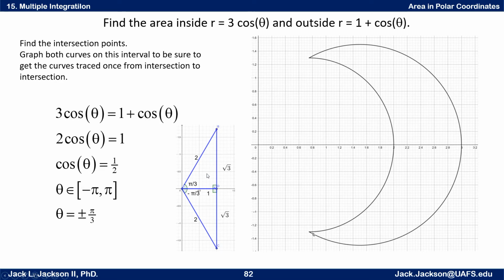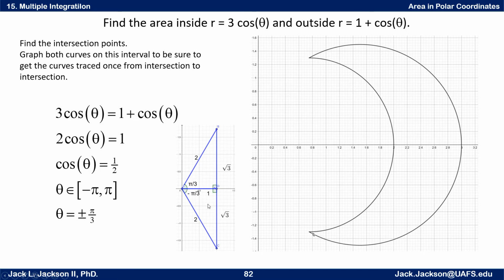And notice we have x, y, and r coordinates there, specifically an x of 1 and an r of 2, and the angle theta there is pi over 3. You should probably recognize this as a special triangle that you've seen a lot in trigonometry, pre-calculus, and calculus. This is a pi over 6, pi over 3, pi over 2 triangle, or in other words, a 30 degree, 60 degree, 90 degree triangle.